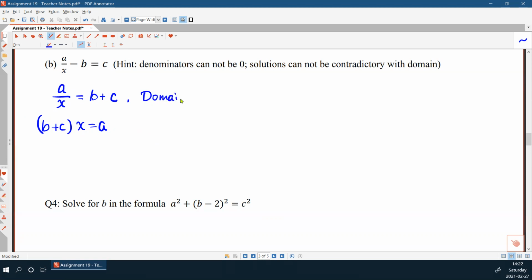Remember, the domain is x could be any real value, but x cannot be 0, right? So the original equation is equivalent to the cross multiplication one plus the condition that x cannot be 0. Do you understand?